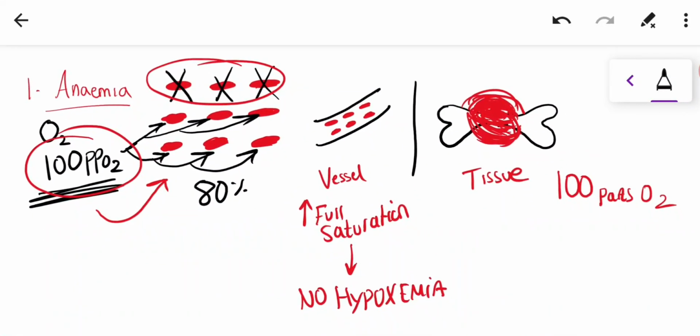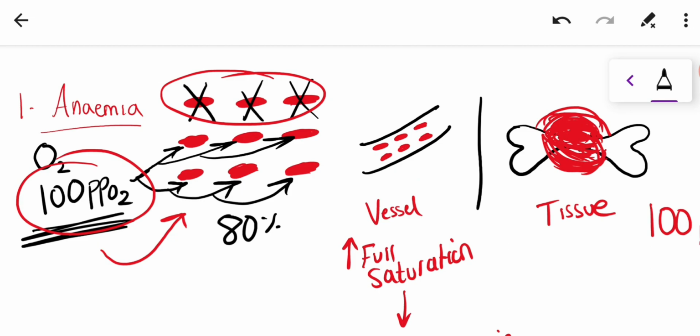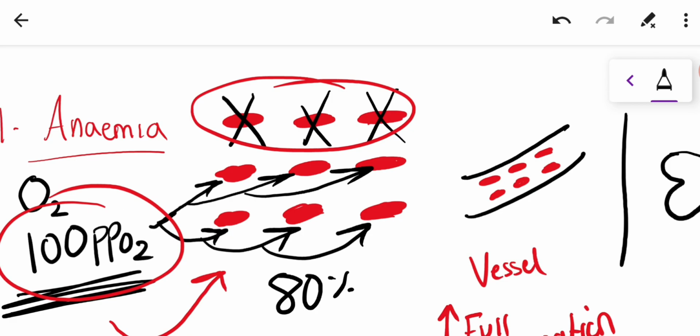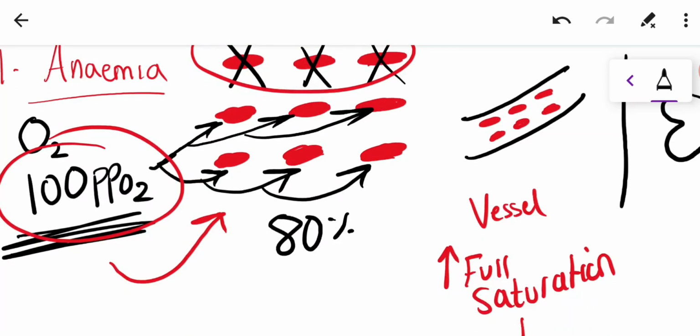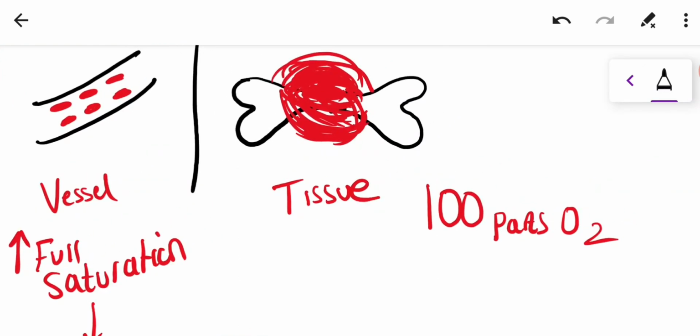Now, with anemia, how does this cause hypoxia but not hypoxemia? Okay. If we reduce our blood cells, we are going to have less oxygen overall within our blood. If we have less oxygen in our blood, the tissue is going to suffer, isn't it?